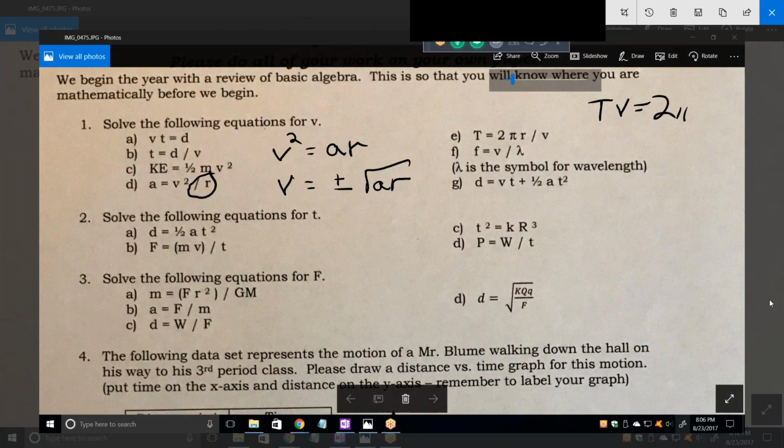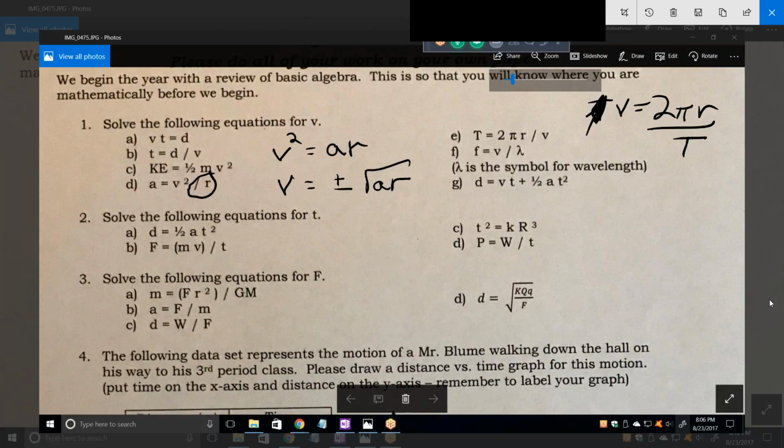And then we would divide by 2 on both sides, right? Not by 2. Remember, we're solving for V. So you've got to get rid of whatever is attached to the V. So divide by T, since it's being multiplied. So that's the answer. V equals 2 pi r over T. These aren't bad.